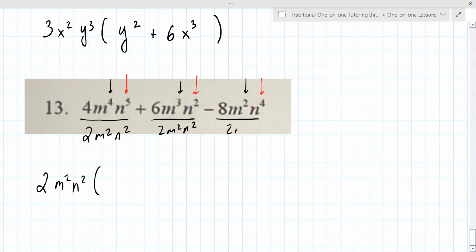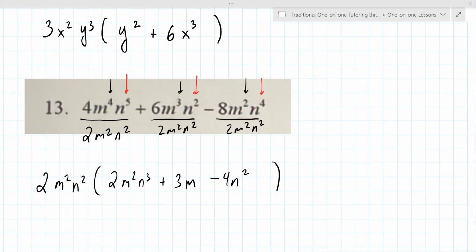And just because I do want to make sure we get into the next section pretty heavily, I'll help out here. It becomes 2m squared n cubed plus 3m minus 4n squared. Okay, so get this down, and then we'll move on to the grouping.